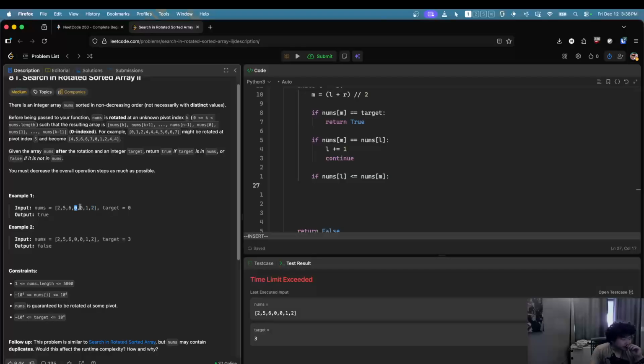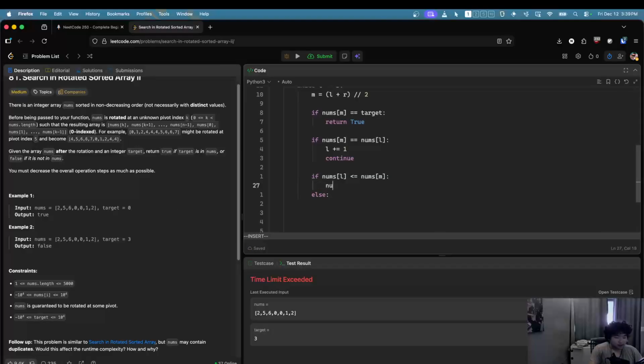I'm saying this is bigger than this side. Then we have to adjust accordingly. If you're on a normal, ascending order, like let's say you're here and here, then you're on a normal side. So anyways, this is the case.